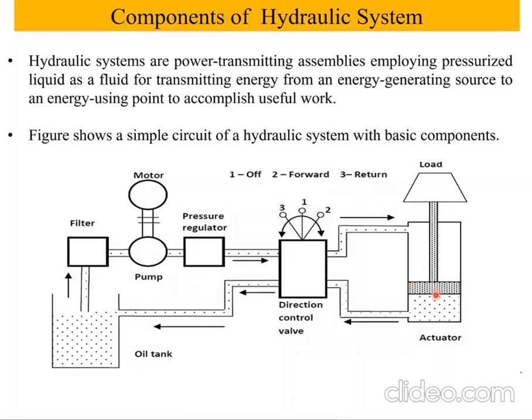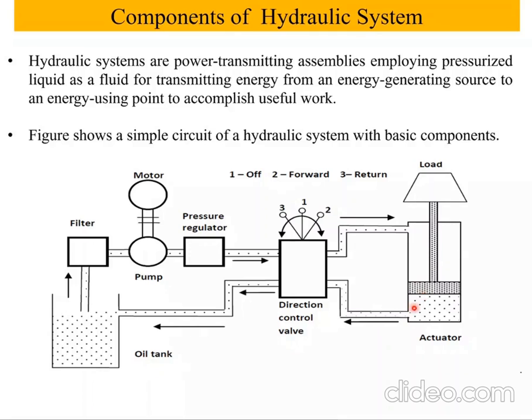In the diagram it is shown to be touching the walls of the cylinder, but actually it is not touching, it has certain space or gap. So when the oil enters and pushes the piston downward, it also goes to the lower part of the piston, from the space around this horizontal part of the piston.